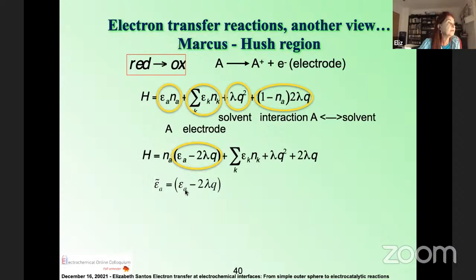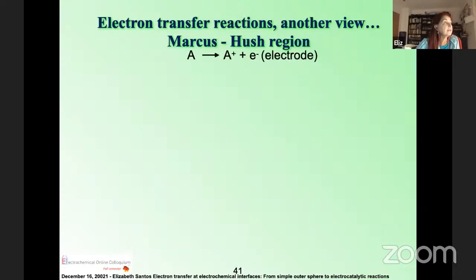This is when far away from the surface and the solvent is in a neutral state, but this perturbation of the solvent can move this state in this way, through the interaction with the solvent.